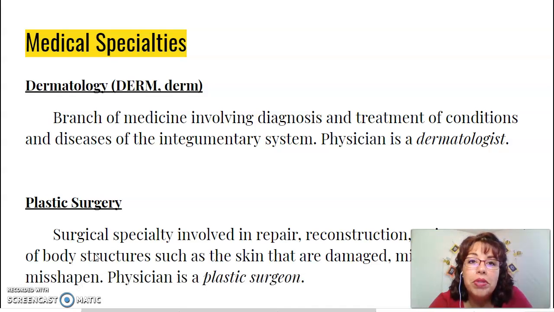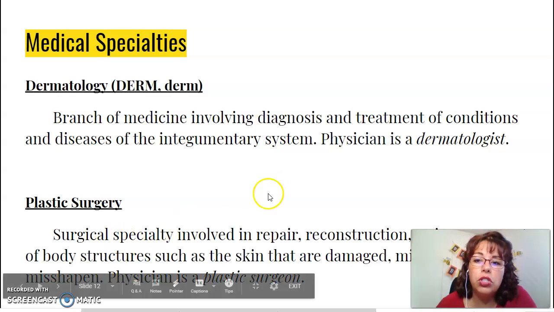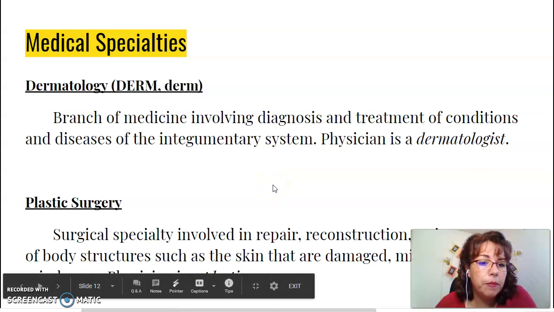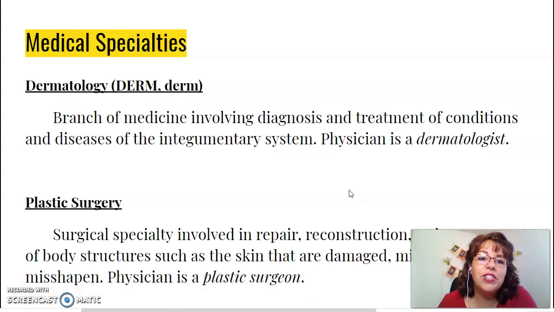You can also do plastic surgery, a specific specialty that's going to require extra years in school, that's involved with the repair, reconstruction, or improvement of body structures such as the skin that are damaged, missing, or misshapen. A physician is a plastic surgeon.